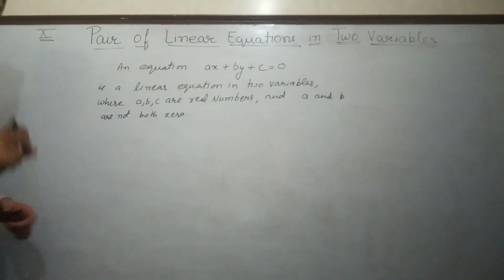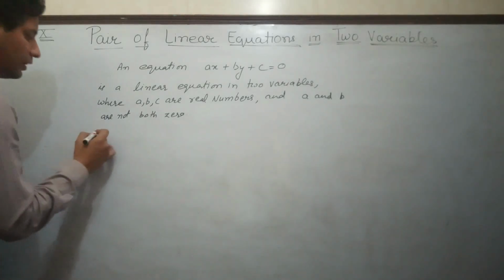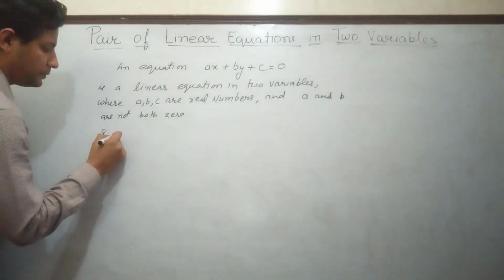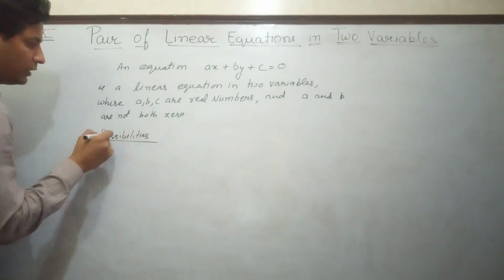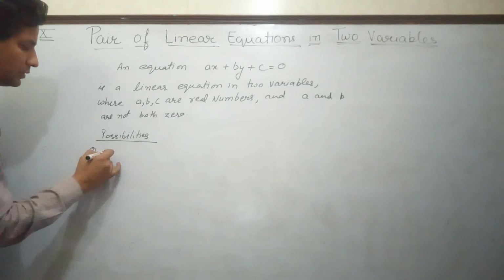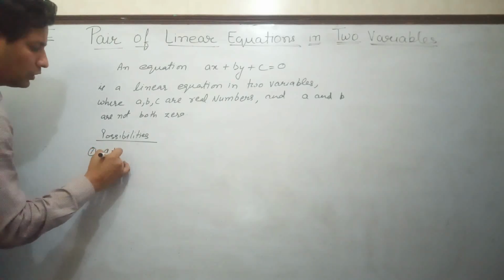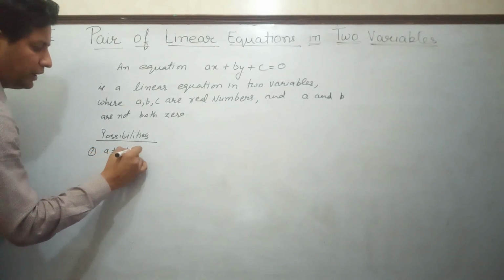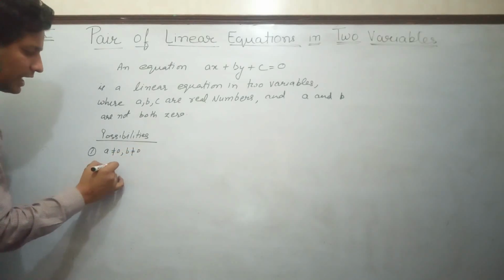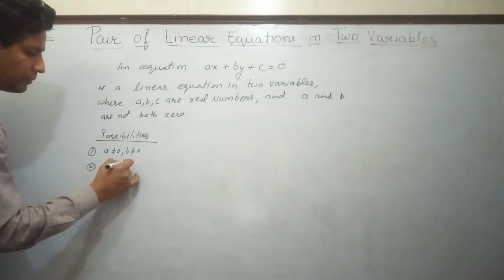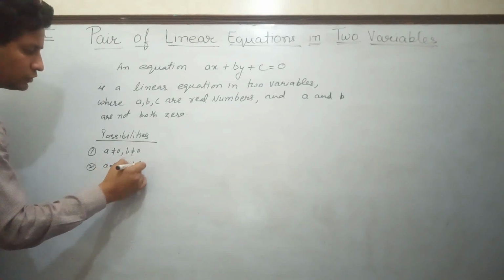It means we have three possibilities. A not equal to 0, B not equal to 0. Second is A can be 0 but B not equal to 0.